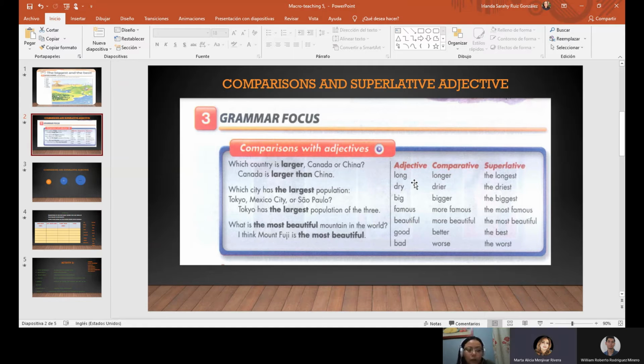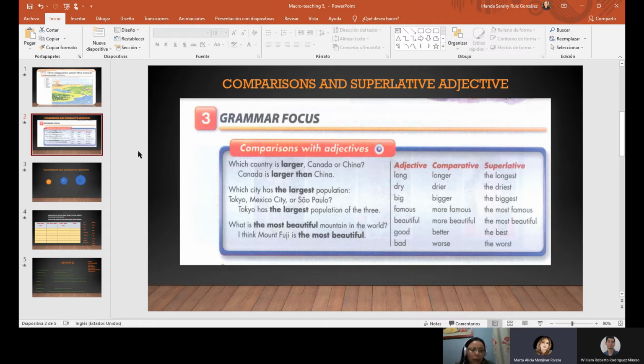If we use more than three objects, people, things, places, etc., it will be superlative. This is used to establish differences between characteristics of places, objects, etc. Now we will start with our first activity, taking into account everything previously mentioned.